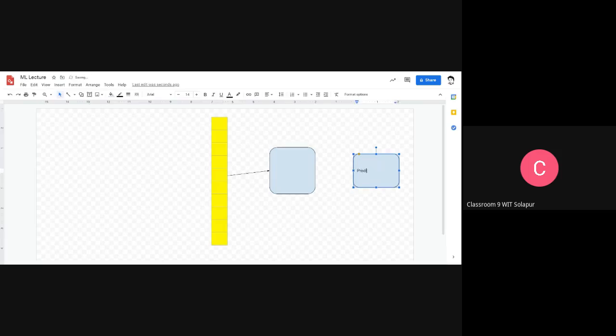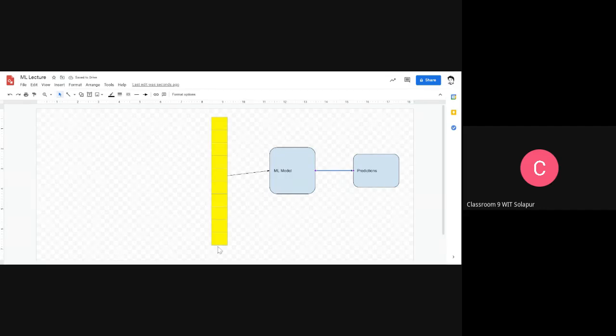So let us suppose this is the predictions and this is your ML model. So the question arises, how does this ML model train on this data set?